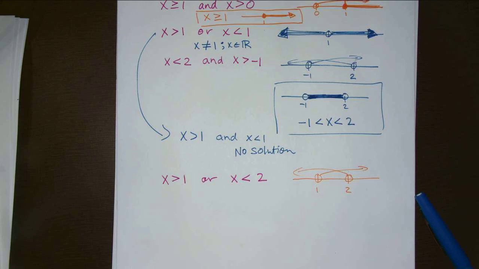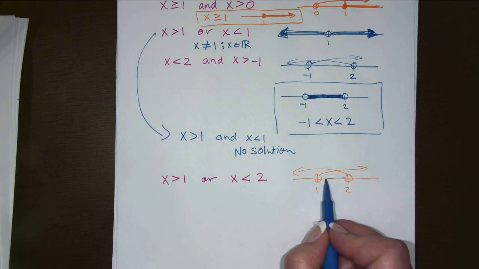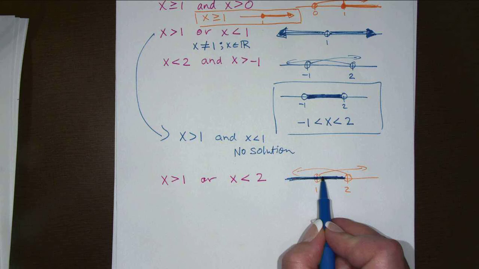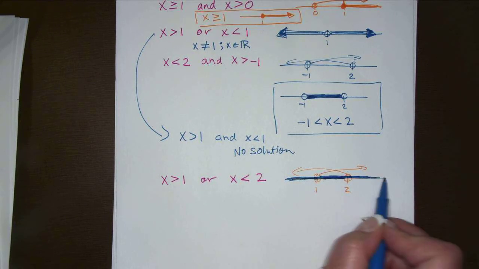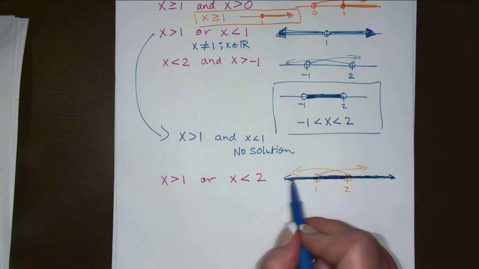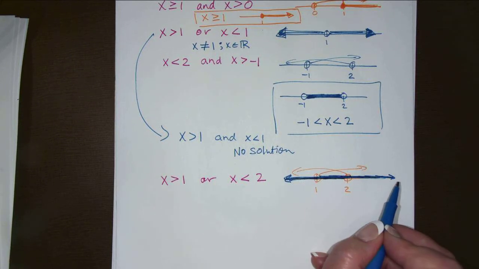So with or, you don't need to look at the overlap, you just look everywhere. So if it's less than 2, that's all of these numbers. And greater than 1 is all of these numbers. The 2 got colored in now. So that's sort of everything is just colored. So how would we answer that? Yeah, X is an element of real numbers.